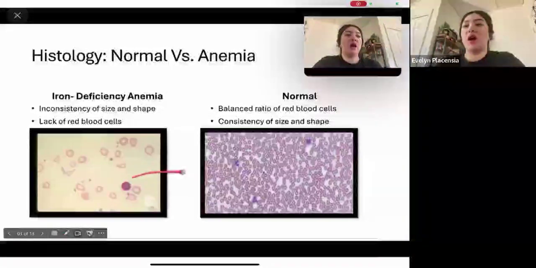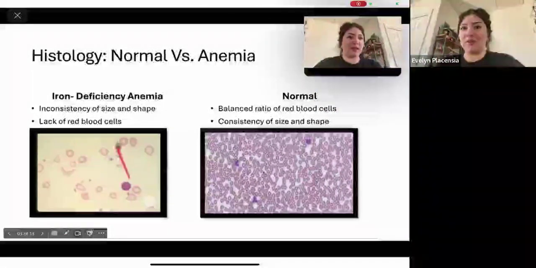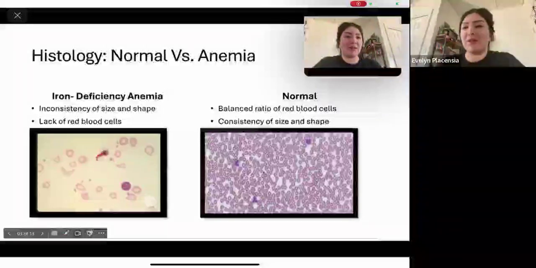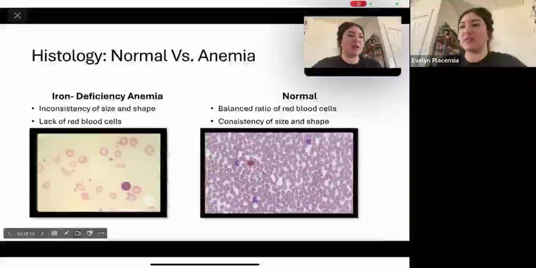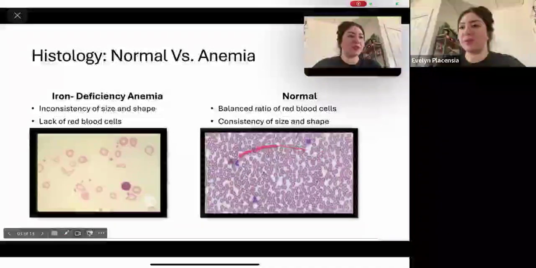Remember, the white blood cell used to be overtaken, and it looks like in comparison now there are not that many red blood cells. This is a dramatic increase if you were to compare from this one to this one. This is the standard of a healthy individual. This is a balanced ratio here.